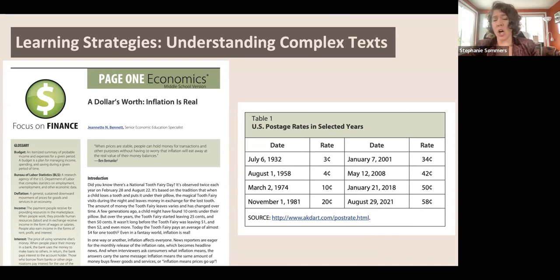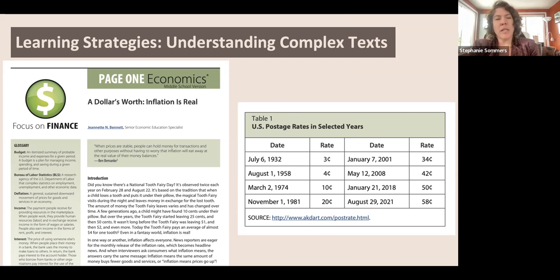And they are long. The ones I looked at, even the middle school version, were several pages of text. So this might be an opportunity as a teacher to do a jigsaw where maybe students only read a portion of it, or maybe you have students reading a section at a time and doing some summarizing, because it's quite a lot of text.